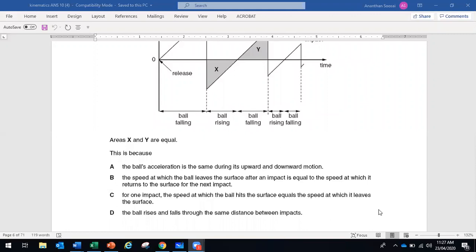Area X and Y are equal. Why? Because the ball's acceleration is the same during upwards and downwards. A, B, C, D, which one do you think is the correct one? You must choose the best answer.